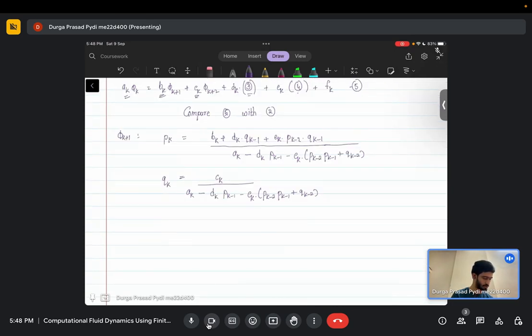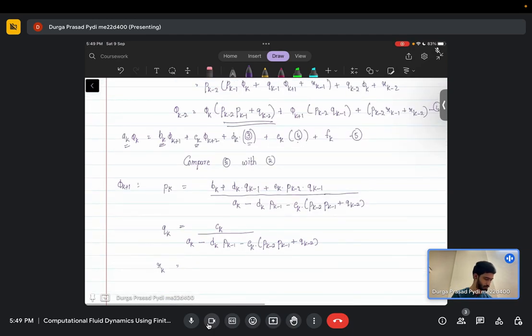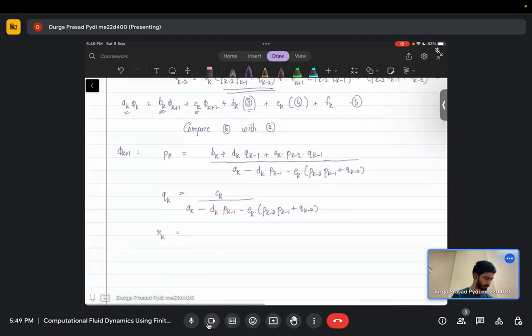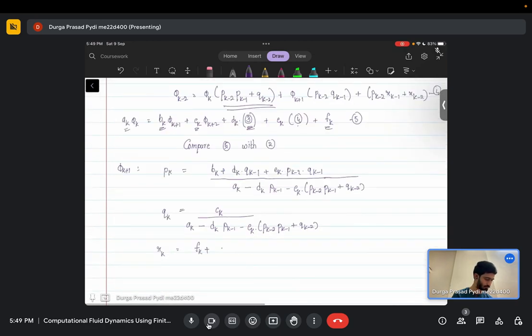The last one is the constant terms, so we have an rk that includes the constant terms. In the original equation we have the constant term fk here, and then from equation 3 a constant term of rk minus 1, so dk times rk minus 1, plus equation number 4 has a constant of ek times pk minus 2 rk minus 1 plus rk minus 2.